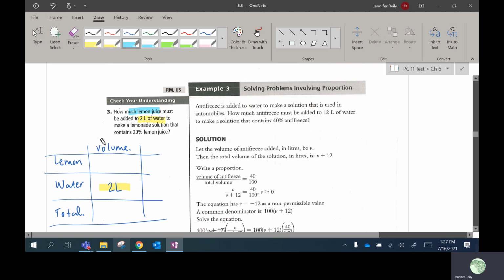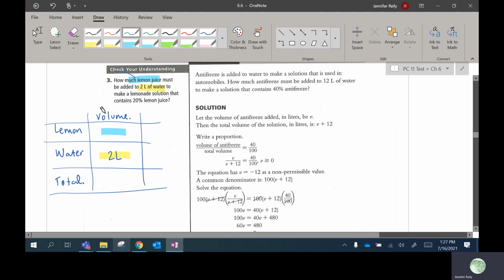I don't know how much lemon juice. It doesn't say. That's the point of the question. So let's let the amount of lemon juice be volume of lemon juice, so X. And then the total volume is going to be whatever those are added together. So X plus 2.